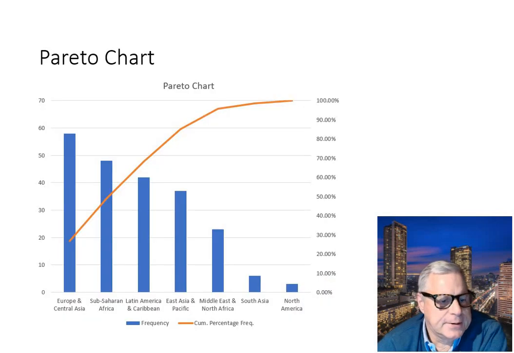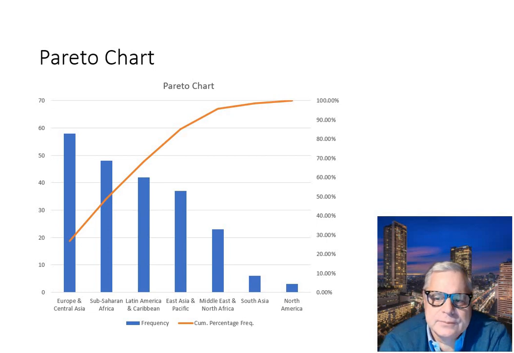Then we talked about the Pareto chart. A Pareto chart is first a column chart and sorted from highest to lowest frequency, and then on top of that you also display the cumulative percentage or cumulative relative frequency in a second column.